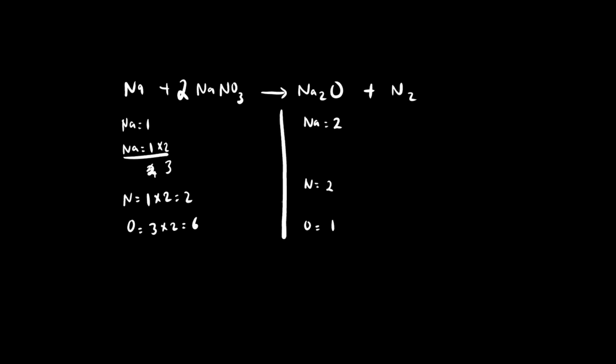Let's go ahead and try to balance the oxygen now. We have 6 on the left and 1 on the right. So let's introduce a coefficient of 6 in front of the sodium oxide. And so now we have 12 sodium on the right and 6 oxygen on the right.